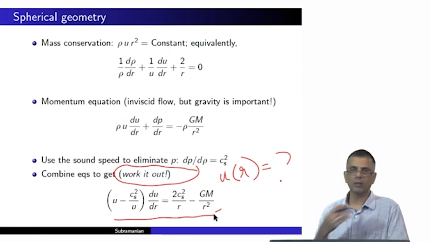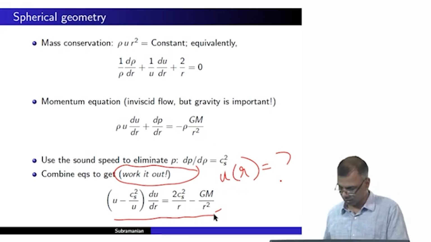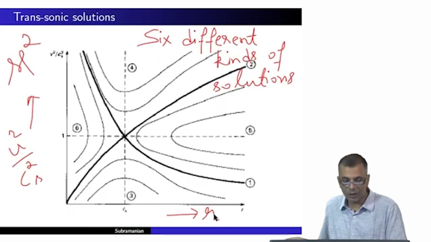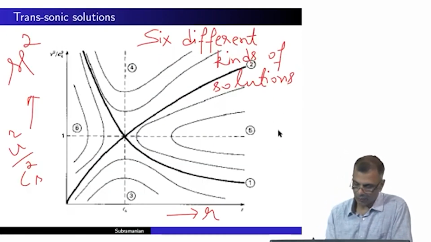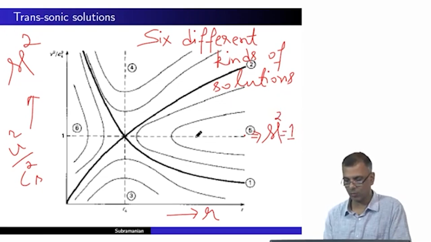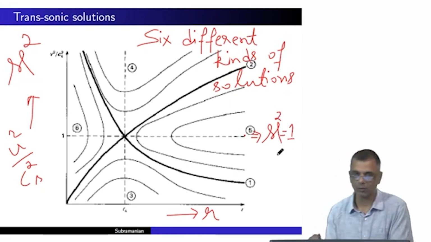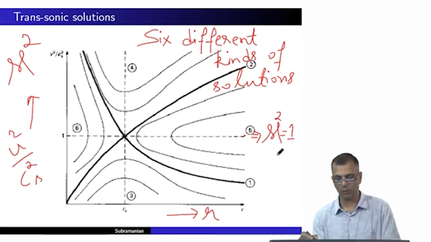And what's the main thing that distinguishes one kind of solution from the other? Why do we divide it into 6 categories? Because this dotted line corresponds to M squared equals 1, in other words, Mach number equal to 1. If the square of the Mach number is equal to 1, the Mach number itself is also equal to 1.